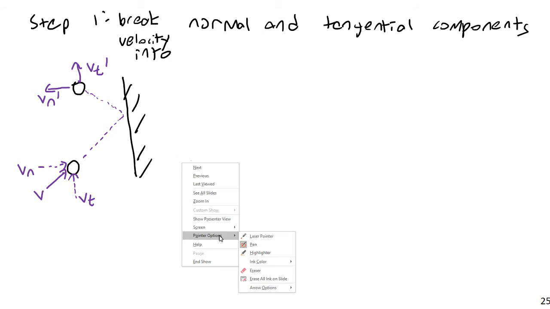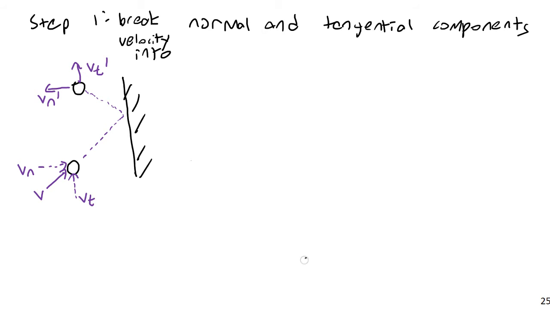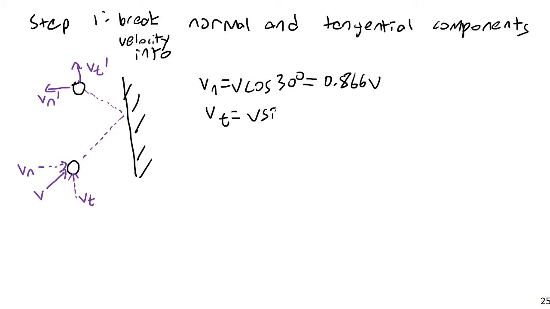Resolving, let's get the initial components. This is just basic vector algebra, just trigonometry. Vn is going to be v cosine 30 degrees, which equals 0.866v, and v tangential is going to be v sine of 30 degrees, which equals 0.500v.